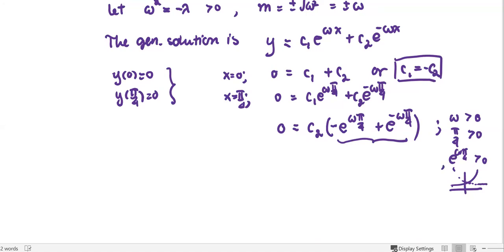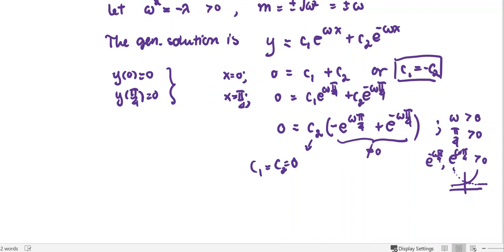Both of them, e to the negative omega pi over 4 and e to the omega pi over 4, are positive, either decreasing or increasing. So the sum of these two will never be 0. That forces C2 to be 0. If C2 equals 0, then C1 is gonna be 0 as well.